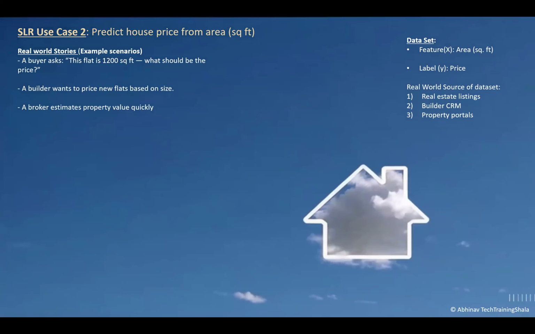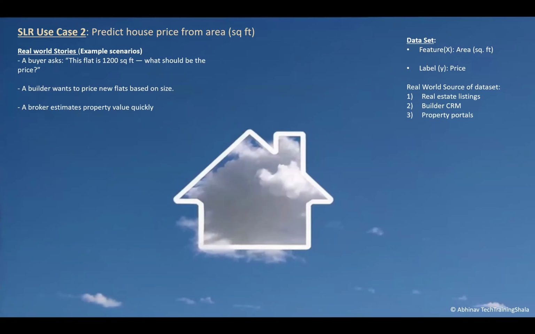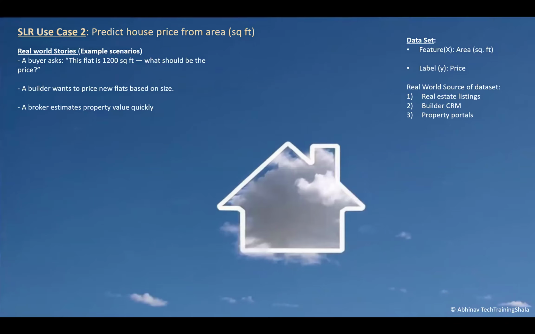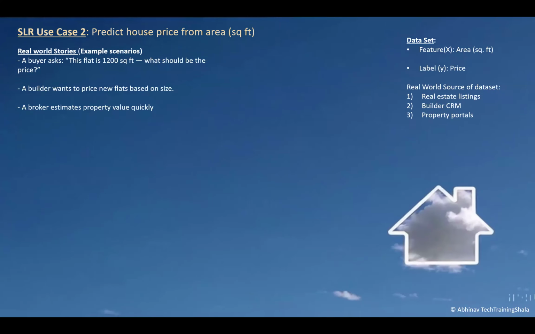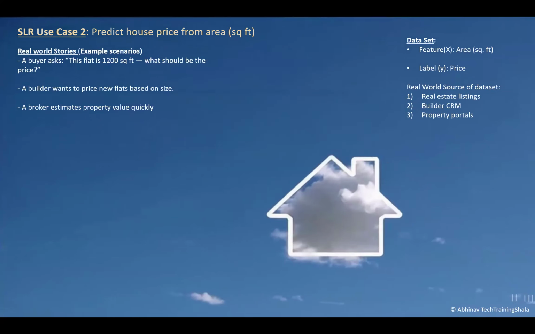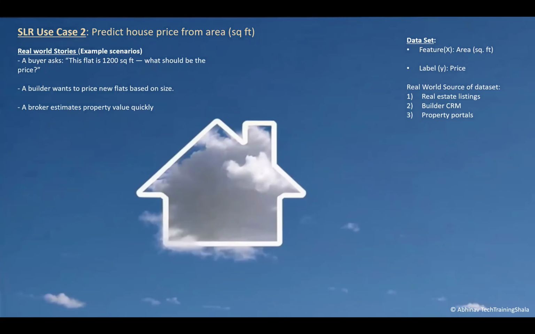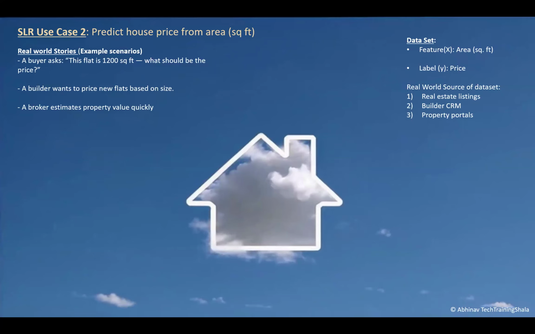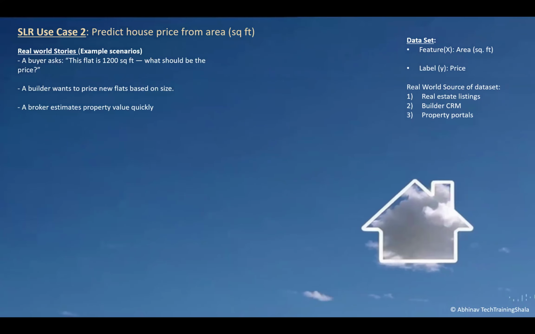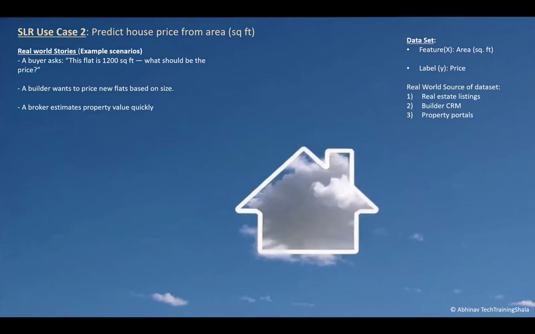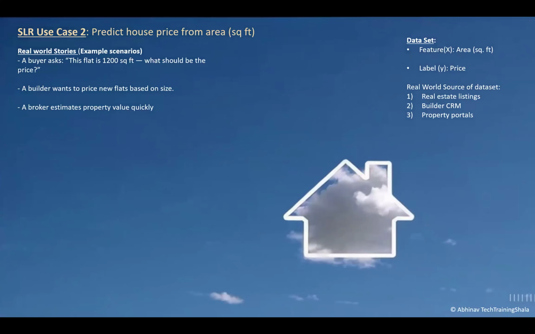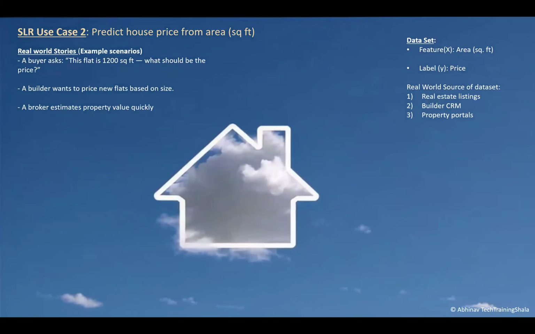Similarly, we can have more use cases. Predict house price from area. Here, let's say we just want to predict the price of the house from the area in square feet. As we are taking just one feature, which is the area in square feet, this is the case of simple linear regression. In simple linear regression, you will basically take just one feature.